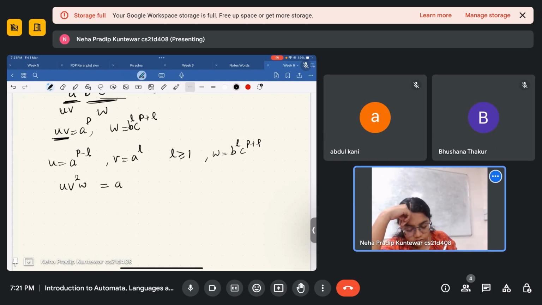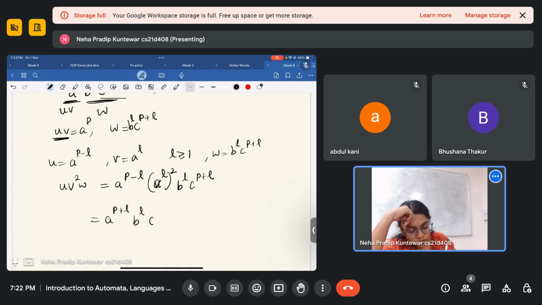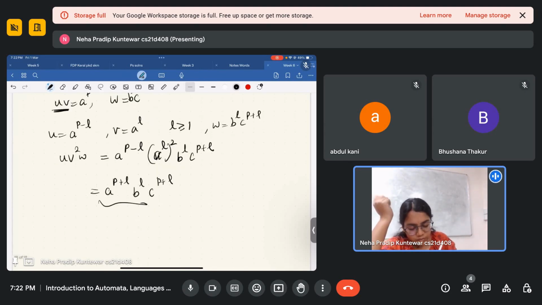You get U is A to the P minus L, V square is A to the L whole square, and then you have B to the L followed by C to the P plus L. This is nothing but A to the P plus L, B to the L, C to the P plus L. But now let's look at the sum of the number of A's and the number of B's. The number of A's plus the number of B's is more than P plus L, and not equal to P plus L, which is the number of C's.